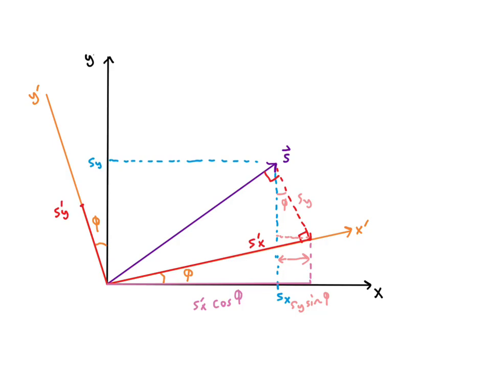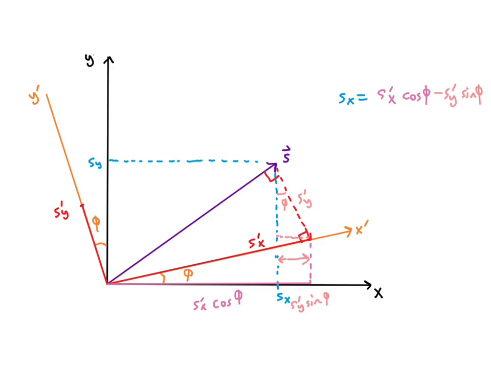So s prime y sine phi is the exact distance between s prime x cosine phi and sx. Or, another way that we will write it, is that sx is equal to s prime x cosine phi minus s prime y sine phi.